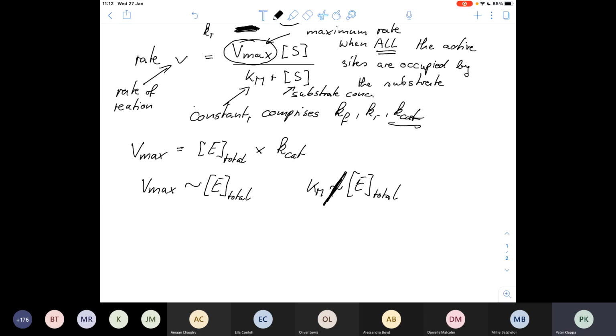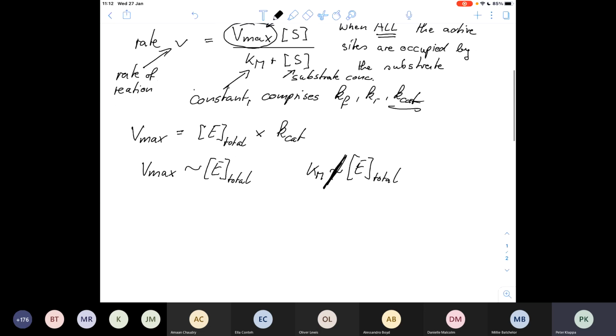I can mess around with the enzyme concentration. Vmax will change, Km will not change. Even if I increase the enzyme concentration, Km is just simply a constant. And the constant in this context does not change. Okay, so does that make sense? Yeah, are you happy with that? That's, I think, where we stopped last time.